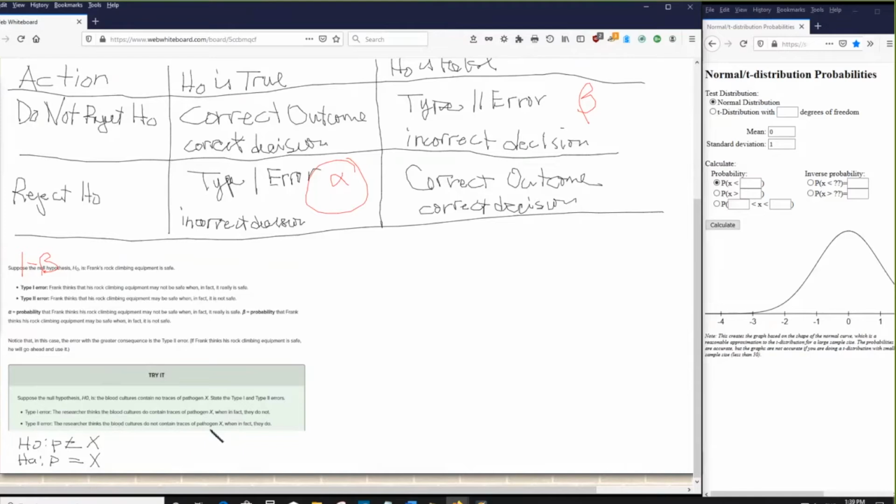If we reject it, then we would have the correct outcome that the patient doesn't have cancer and so no treatment is needed. In this example, the type 1 error would have the greatest consequence because a patient with cancer would be misdiagnosed and would not get treatment. Any questions about identifying type 1 and type 2 errors and how to identify which has the greater consequence?